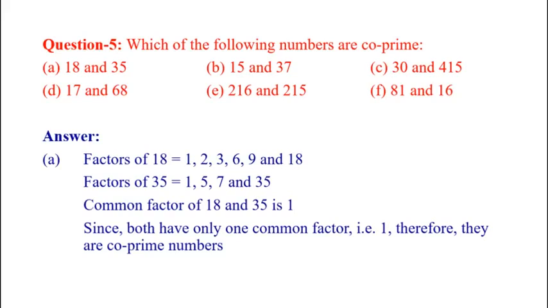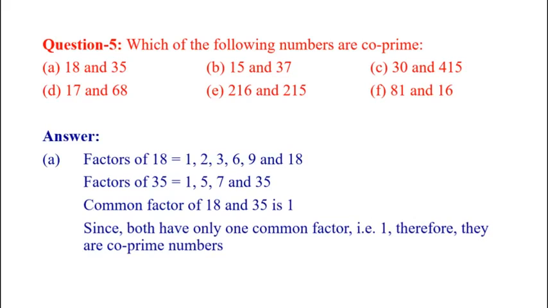So, to prove they are co-prime, first we have to find the factors of both the numbers. If they have the common factor 1 only, then they are said to be co-prime. So, first we have to prove whether 18 and 35 are co-prime or not.